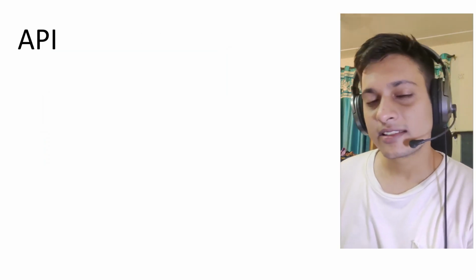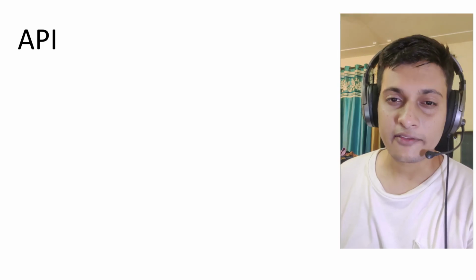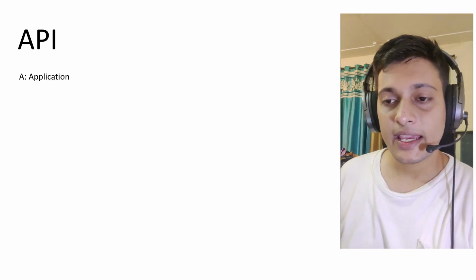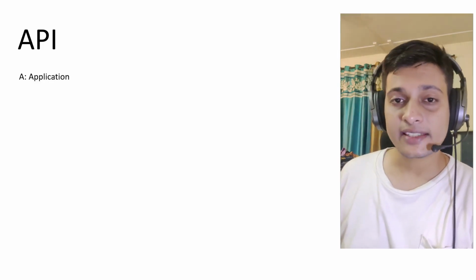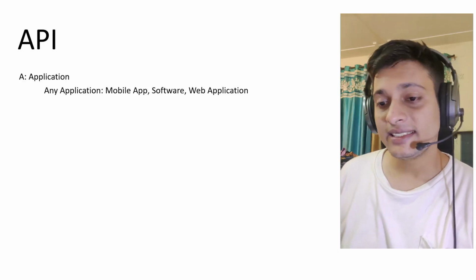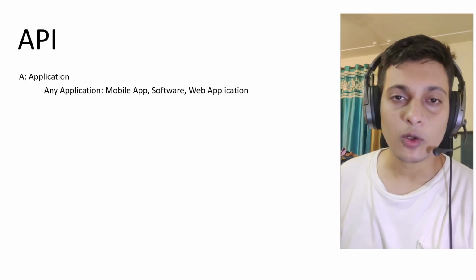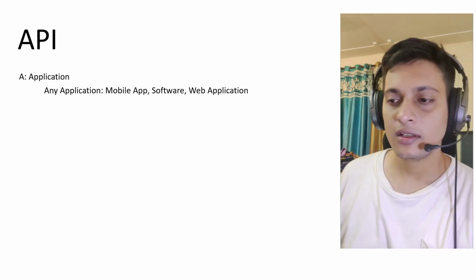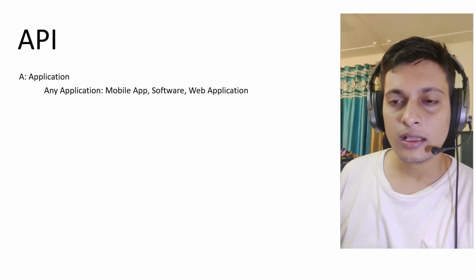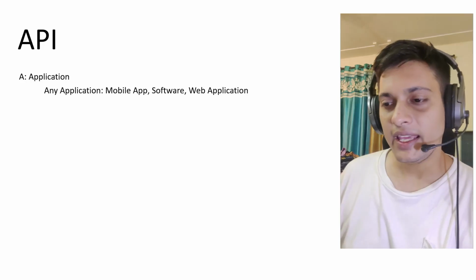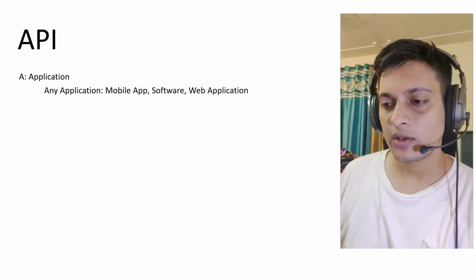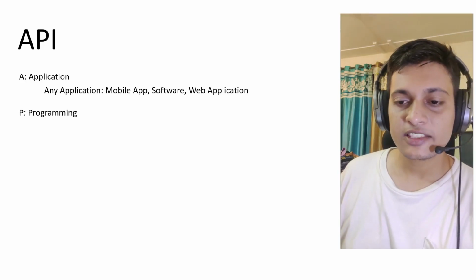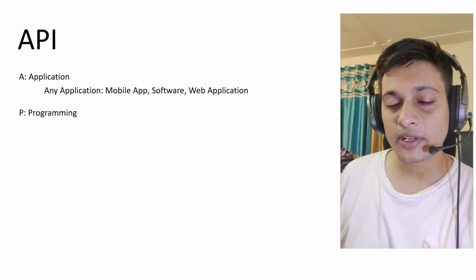Now let's come to its more technical definition. In API, the A stands for application. These applications are nothing but your mobile application, your system software, or your web application, like Google or MakeMyTrip, any kind of application you use over the web. The P stands for programming.